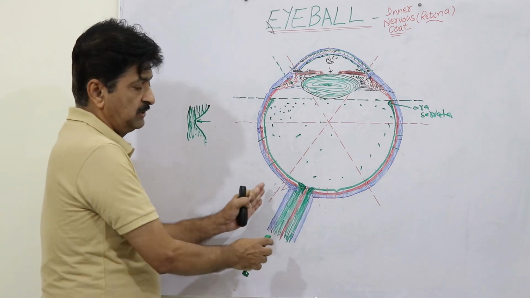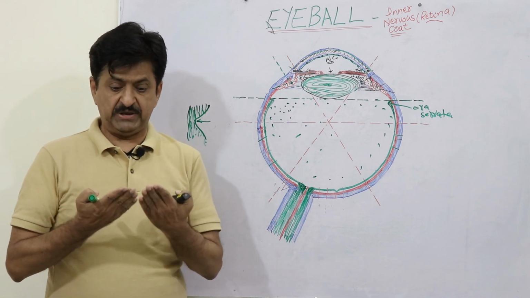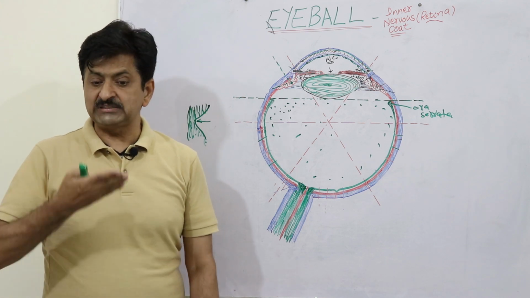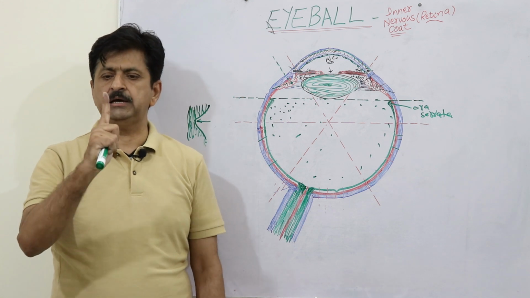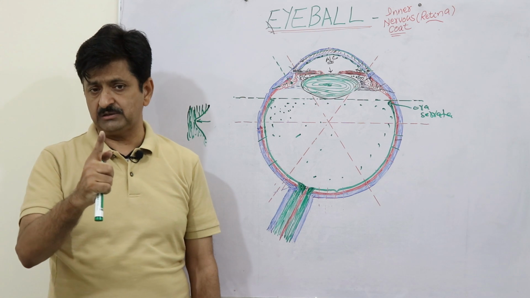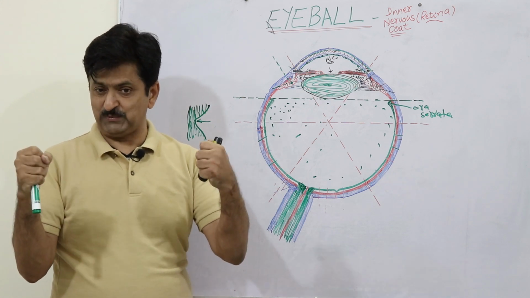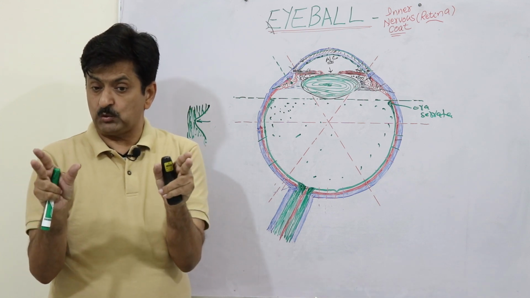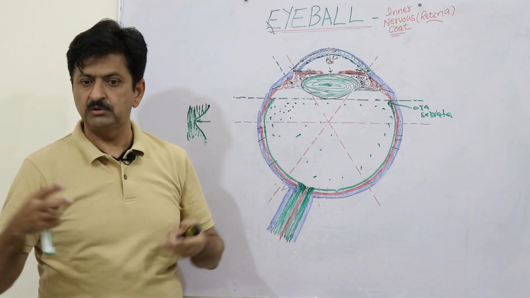Now, that is why when you are fixing your gaze, for example, focusing on something, three things will happen together. If you focus on something, it is not just accommodation that takes place. Accommodation means your ciliary muscles will contract, the ciliary body will come closer from all sides, meaning the ciliary ring will get narrowed down.